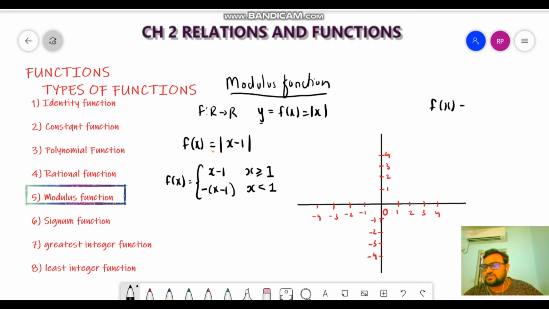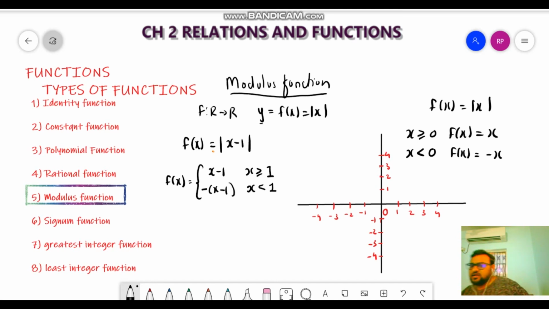Just let me give you an example. If f(x) is equal to modulus of x, that means when x is greater than or equal to 0, f(x) will be equal to x. When x is less than 0, f(x) will be equal to minus x. Let me give you an example. What is modulus of 1? 1.